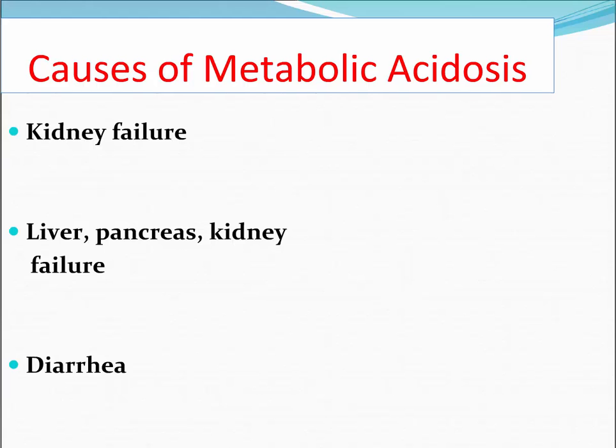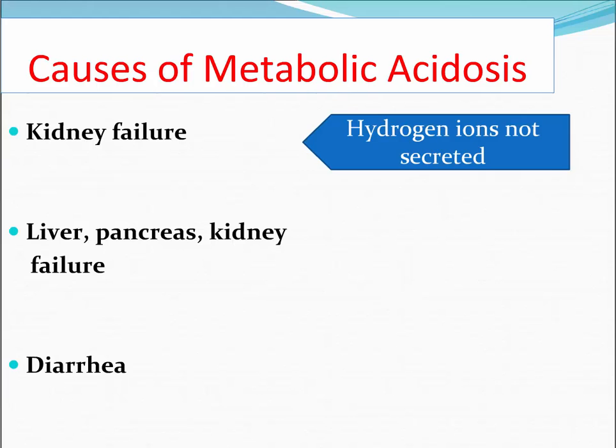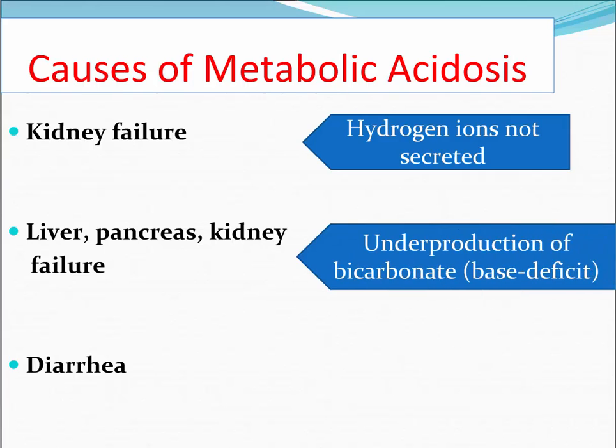Okay, 3 more reasons for metabolic acidosis. When a client is in kidney failure, they're simply not excreting the hydrogen ions and can go into a metabolic acidosis. Again, it's not respiratory in nature, but it has to do with something else. Now, a couple of instances where there'd actually be a base deficit would be if there were liver, pancreas, or kidney failure.